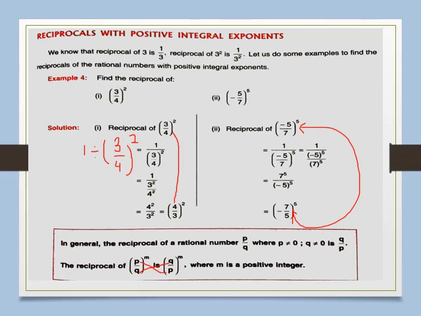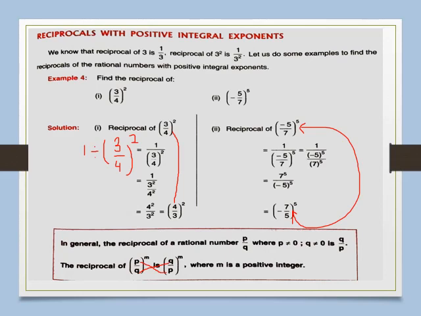See here, 3 upon 4 whole square. Now if you want to write the reciprocal of 3 upon 4 whole square, we have to take that number to the denominator, so 1 upon (3 upon 4) raised to the power 2. Now if we write this number as 1 upon 3 square upon 4 square, we have to take its reciprocal.